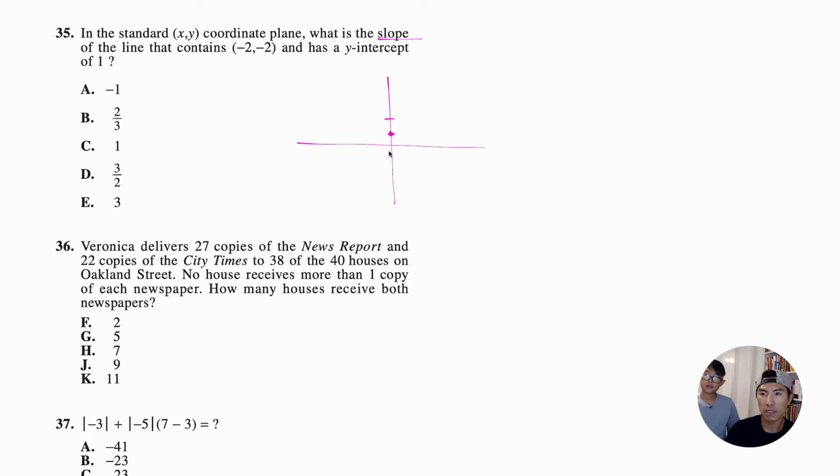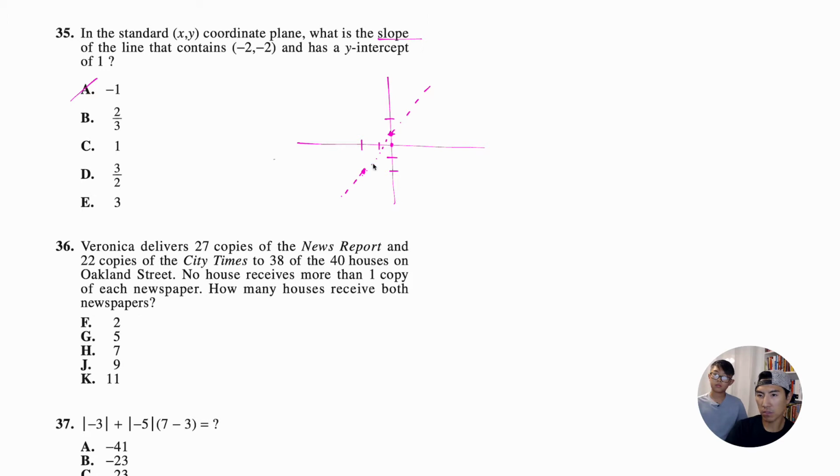The line contains negative 2, negative 2, and we want its slope. We know it's a positive slope, and it's not hitting the origin, it's not going straight like that.